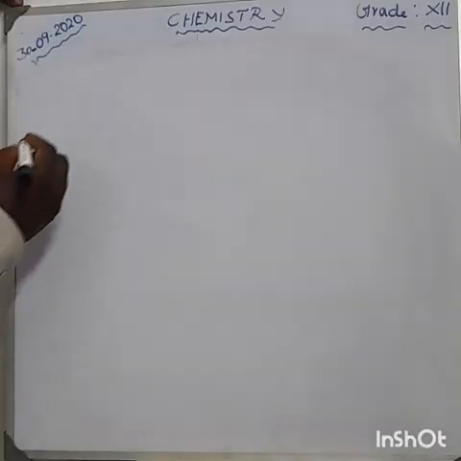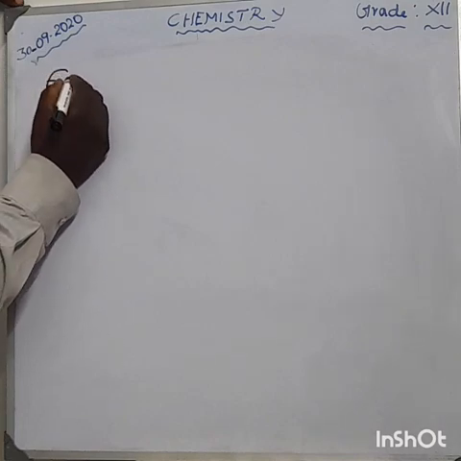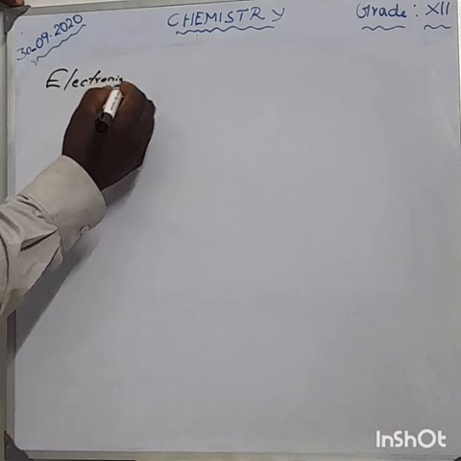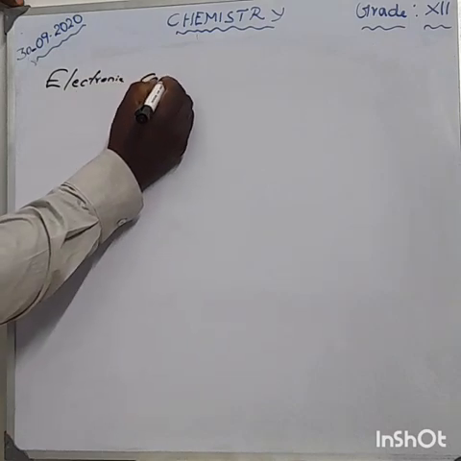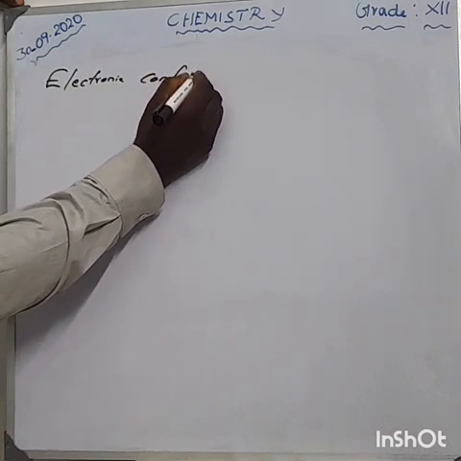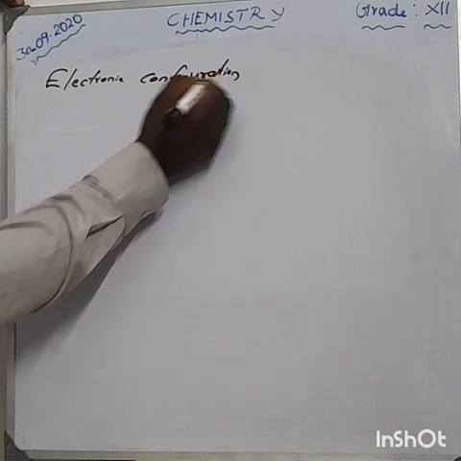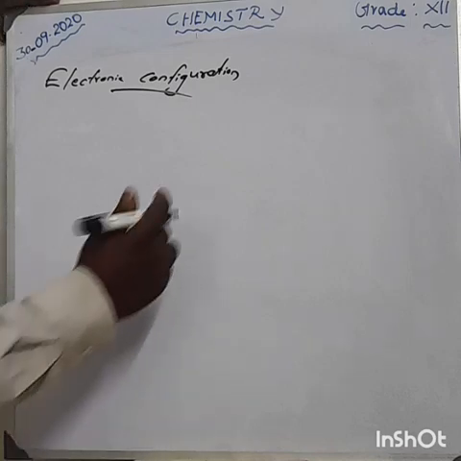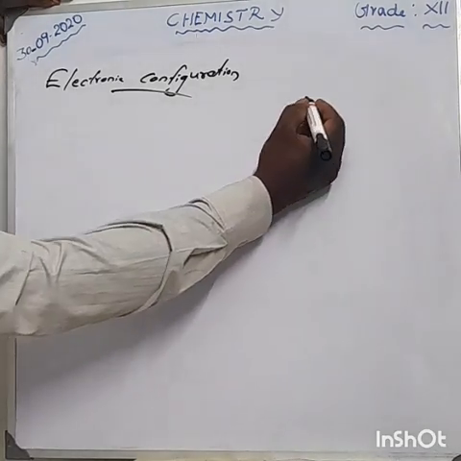How can we write the electronic configuration for the transition metal elements? Here, first you should fill the 4s orbital before the 3d orbital. All of you know how to write the electronic configuration.